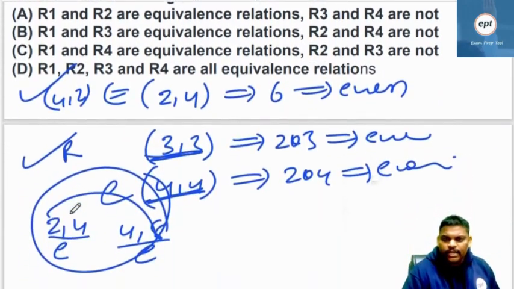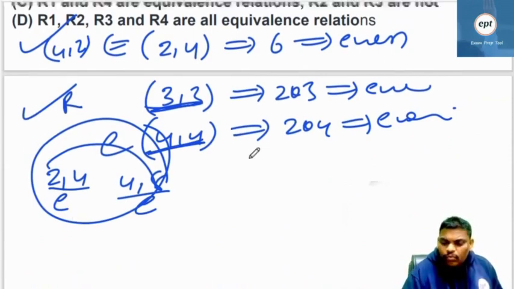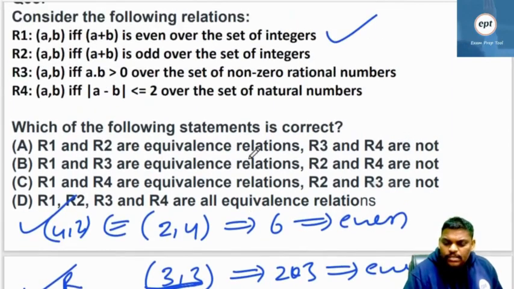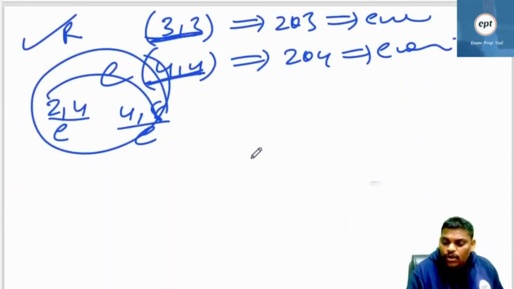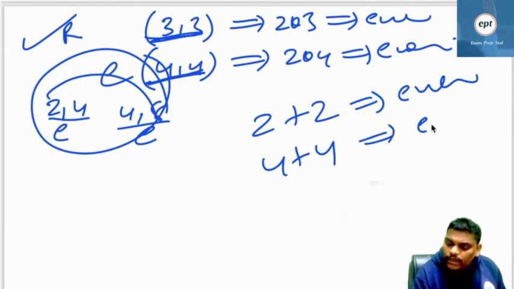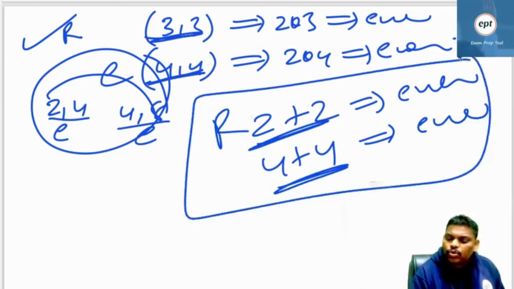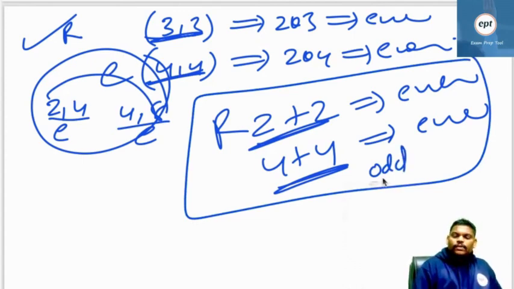Listen, see the answer. Very interesting. R2 fails. Why? R2 says A plus B is odd. Can I help you now? 2 plus 2 is even. 4 plus 4 is even. So remember, the reflexive property is gone.